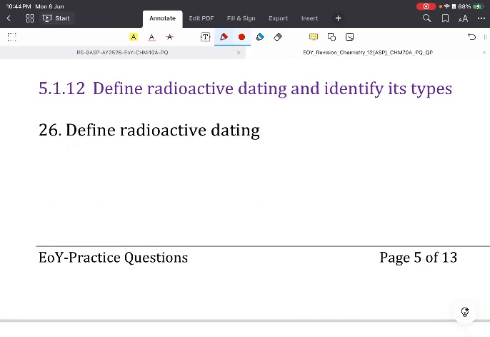Define radioactive dating. Radiometric dating is a technique used to determine the age of objects by analyzing isotopes and their abundance.